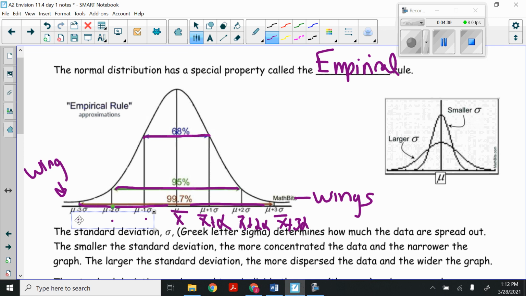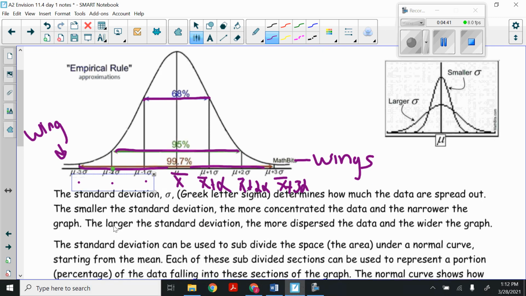We need to know the percentages, and we need to memorize these percentages, okay? So the first two, within 1 standard deviation above or below the mean, is 68%. That's because each portion is 34%. So this is a 34 and this is a 34. Our next sections are 13.5.